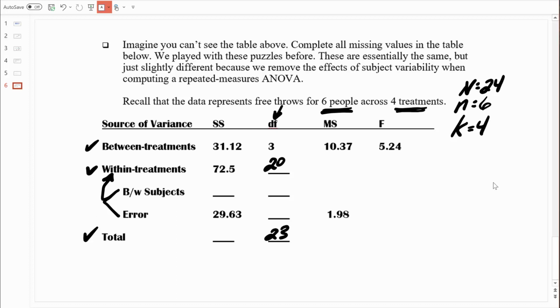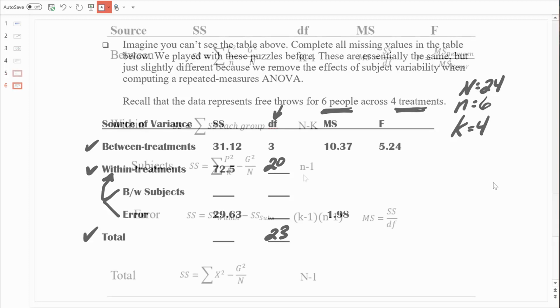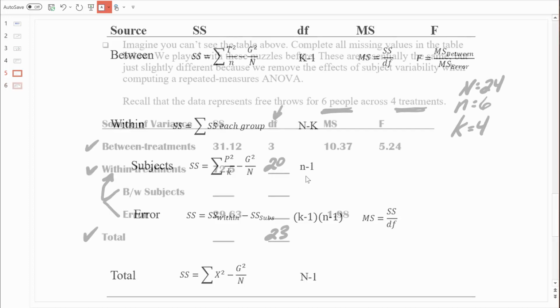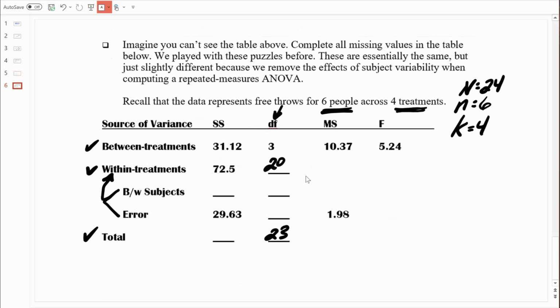Let's remind ourselves of those formulas. Degrees of freedom between subjects is very easy to compute. Small n minus 1, the number of people that we measured minus 1. In this example, we only measured 6 people. 6 minus 1 is 5.